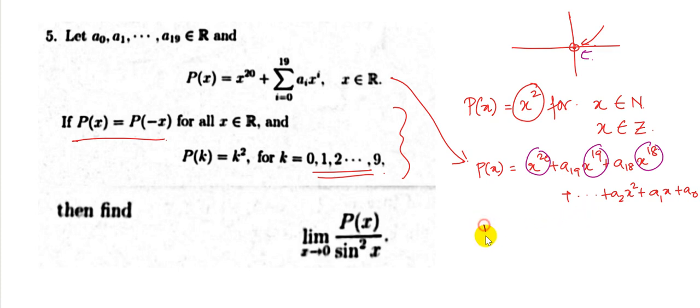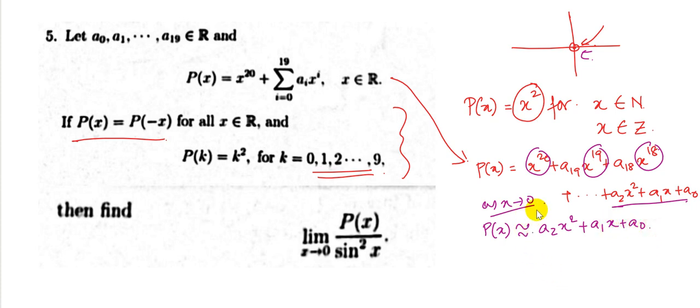So that means p of x can be approximated with the last three terms as x tends to 0. So the significant terms will be a2 x square plus a1 x plus a0.